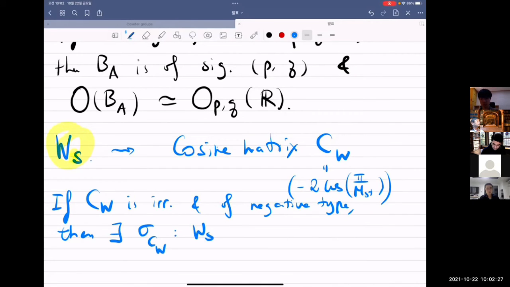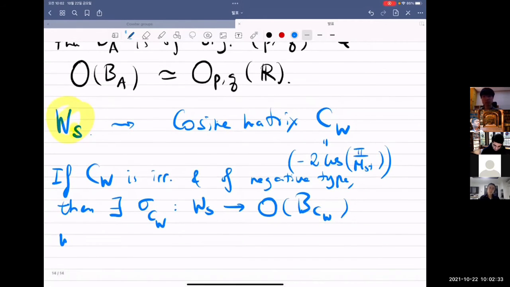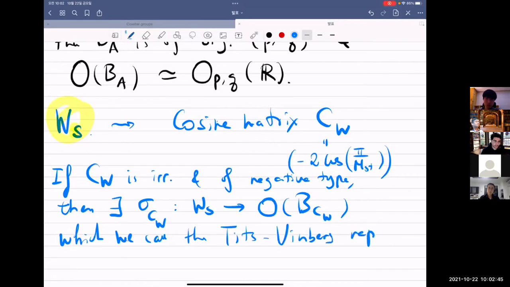From W_S to O(B_CW), which we call the Tits-Vinberg representation. Called the Tits and Vinberg representations of W_S.